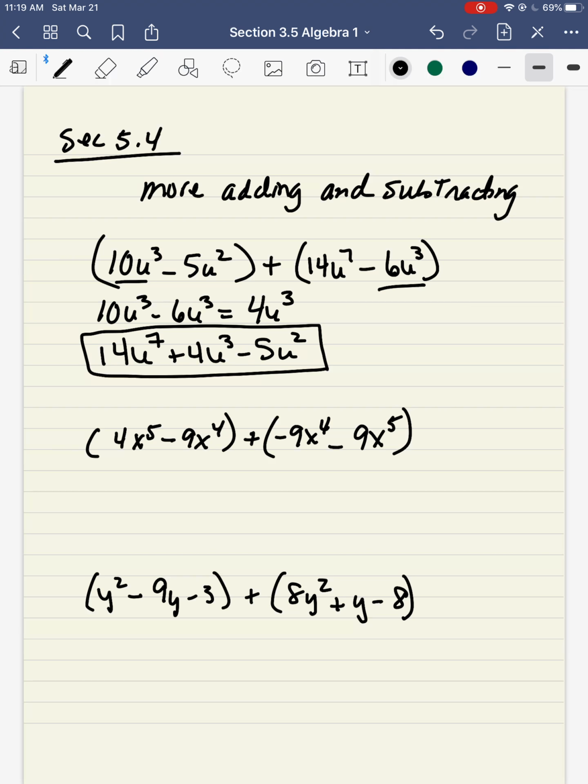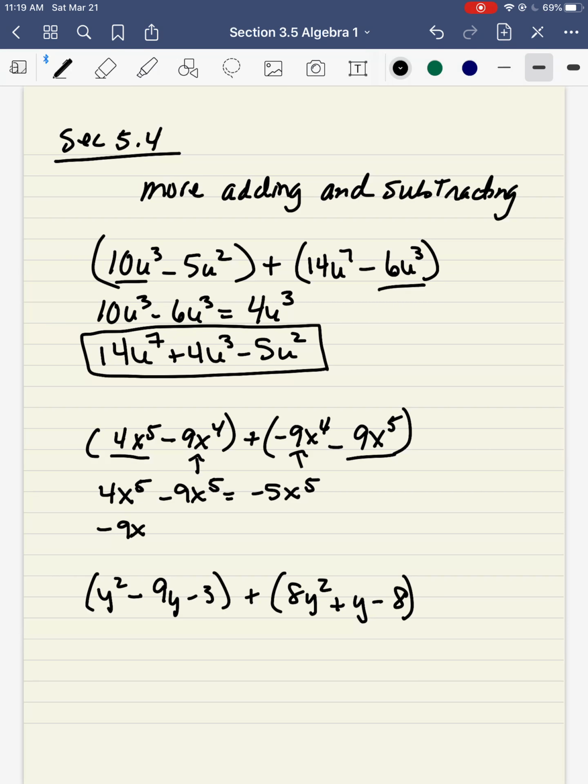in the correct order. The next problem here, again, I'm combining the x to the fifths and the x to the fourths. So my x to the fifths are 4x^5 minus 9x^5. So 4 take away 9 is a minus 5x^5.